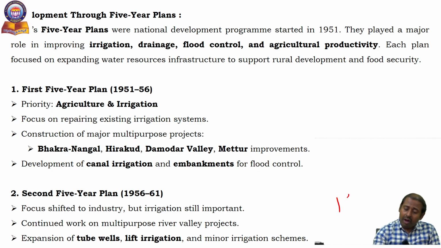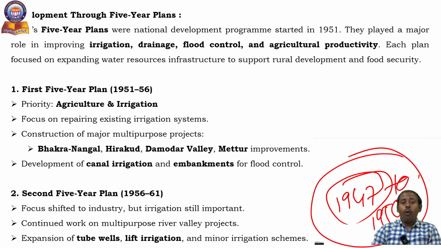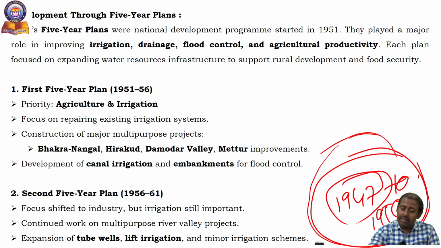Development through the 5-year plan: India's first 5-year plan, where national development started, was in 1950. From 1947 the 5-year plan was being established, but from 1947 to 1950 they gathered information on the backdrops, how we are going to develop, and what main objectives we have to consider. This information was gathered, analyzed, and funds released over these 3 years.